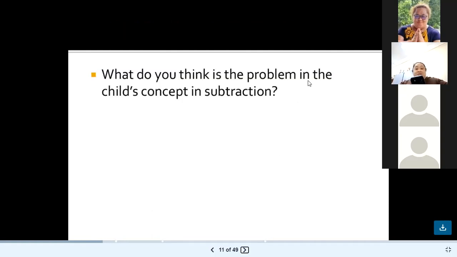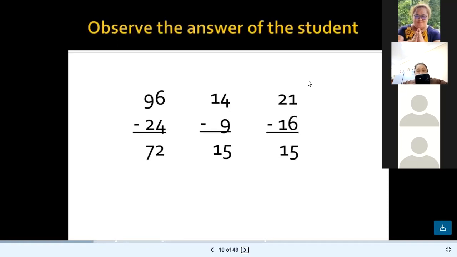Okay na. So as we can see in the previous page, the child's concept in subtraction, he or she doesn't know how to borrow to the next column for him to subtract it eventually. As you can see, 21 minus 16, here his or her answer is 15, which doesn't make sense, right? But if the one borrowed to the 21, the 2 makes it 11, and 11 minus 6 is 5.